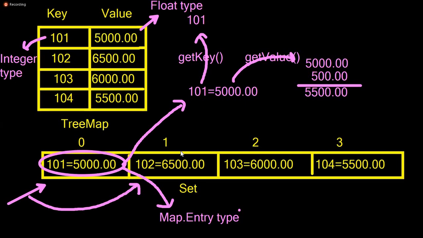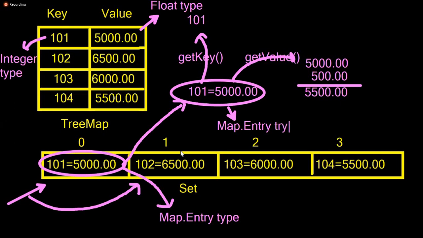You have to store the Map.Entry object. We have to store the object of the Map.Entry subclass. So this is nothing but Map.Entry. That is nothing but Map.Entry type.